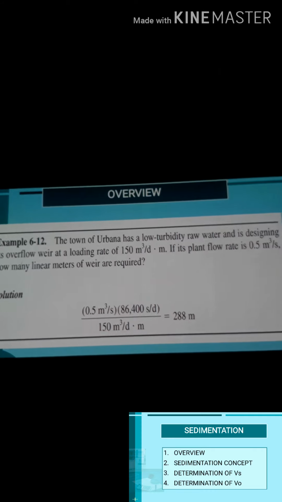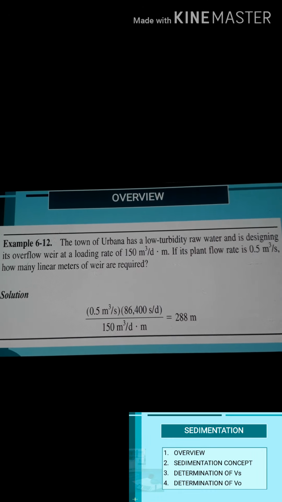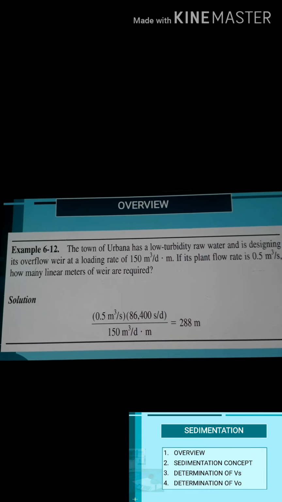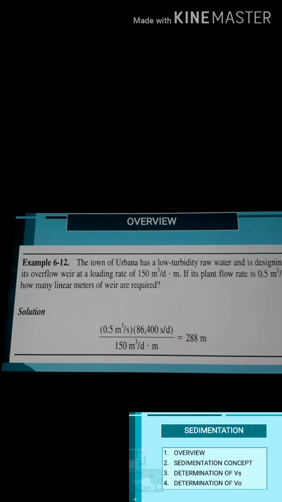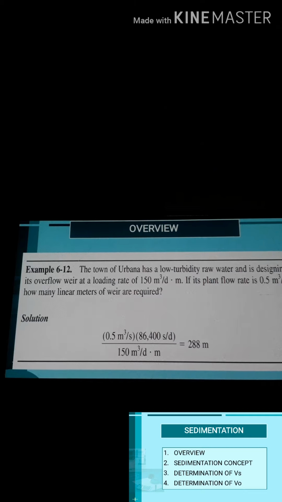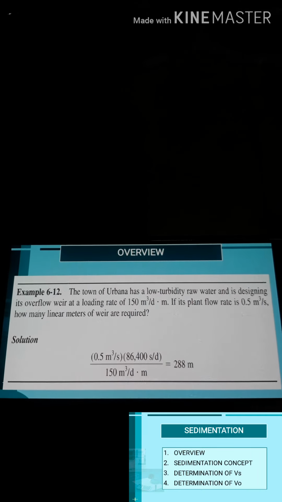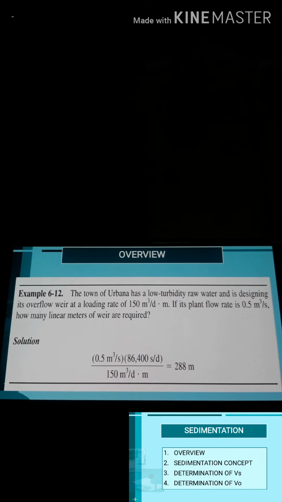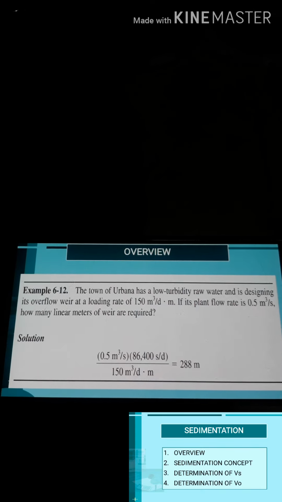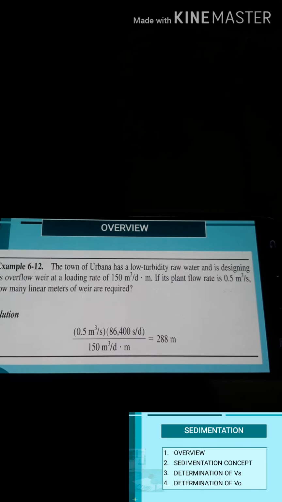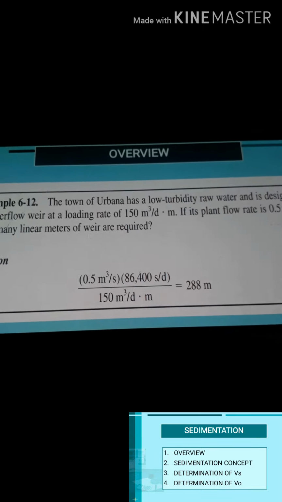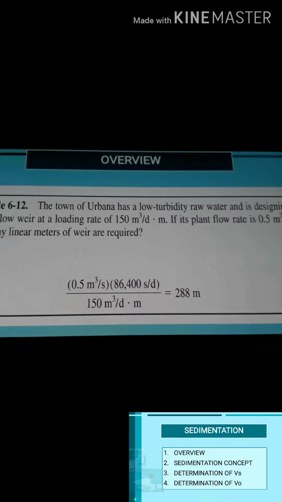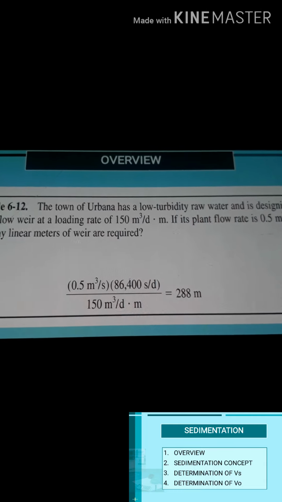The town of Urbana has a low turbidity raw water and is designing its overflow weir at a loading rate of 150 meter cube per day times meter. If its plant's flow rate is 0.5 meter cube per second, how many linear meters of weir are required? All that we need to do is to get all the values given in the problem.